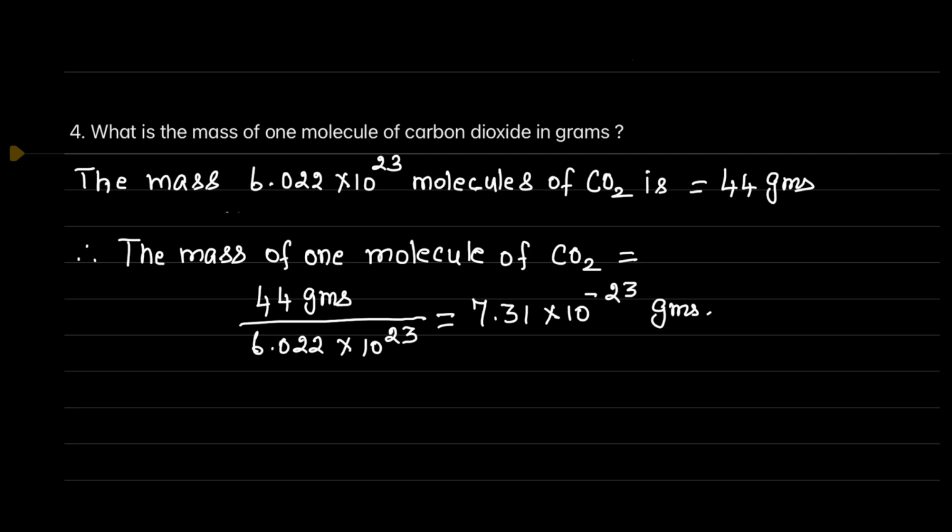If so, then what is the mass of one molecule of carbon dioxide in grams? Writing the steps, we get the answer that it is equal to 7.31 into 10 raised to the power of minus 23 grams. Solving this problem helps to differentiate between the mass of 1 mole of any substance and the mass of 1 molecule of it.